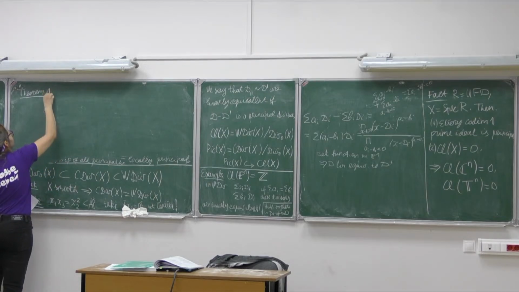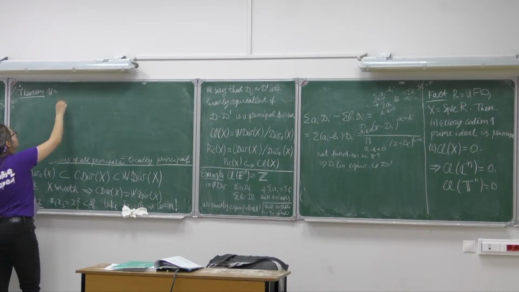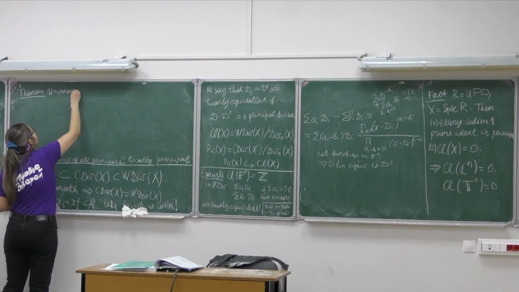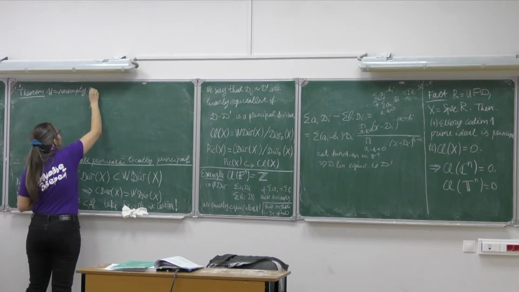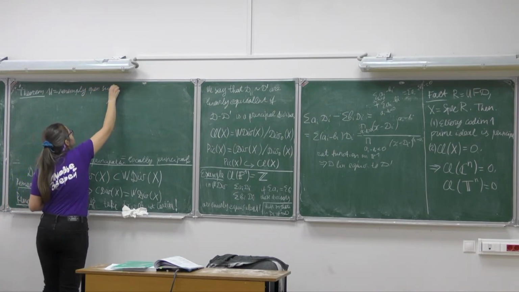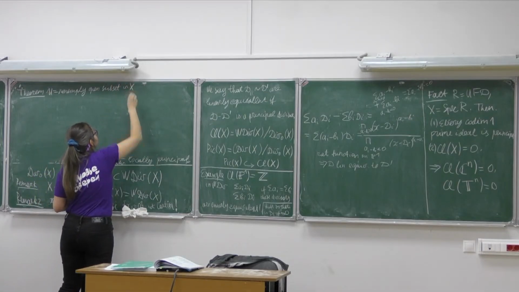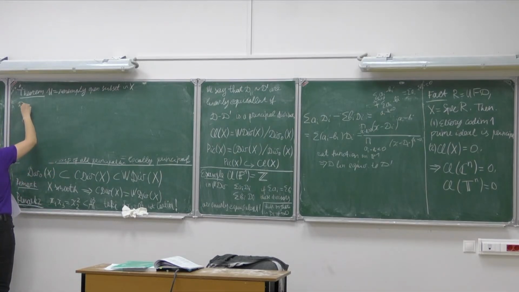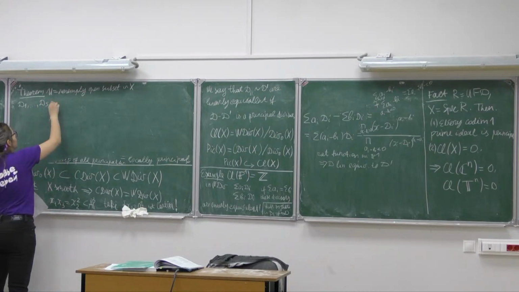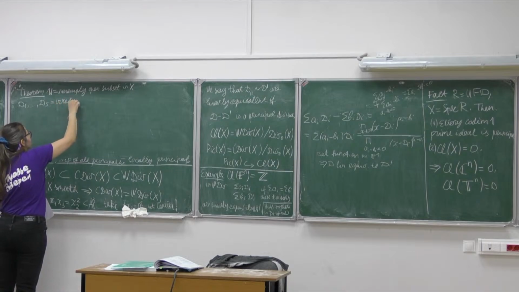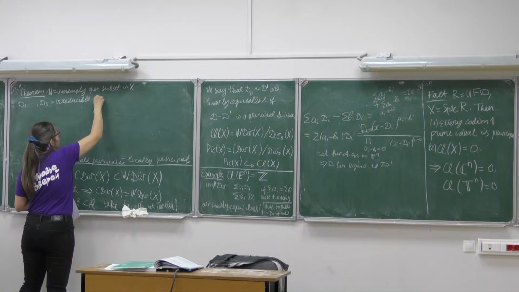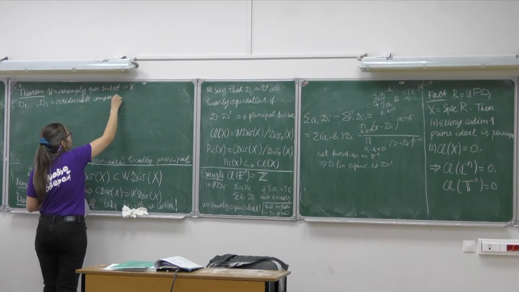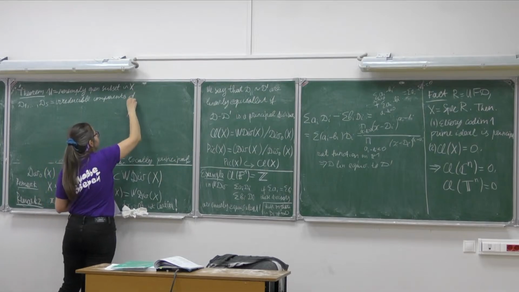So we take U, a non-empty open subset in X, and let D1, ..., Ds be the irreducible components of X without U that are prime divisors.